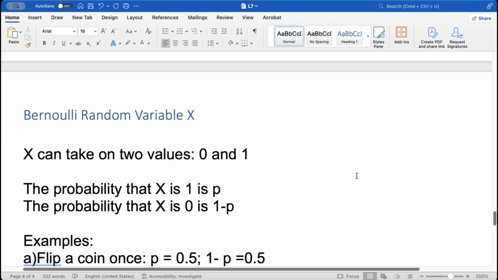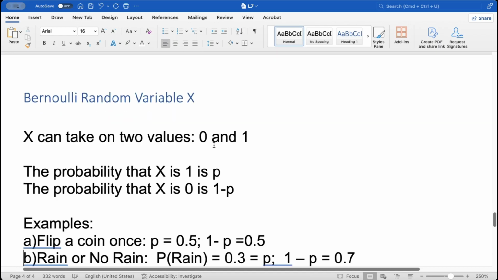So a couple of examples here. Flipping a coin once, it's 50-50. So the probability of success is 0.5, whether it be heads or tails. And then the complementary 1 minus p is also 0.5. So there's a 50% chance of a 0, 50% chance of a 1. Now let's take the situation of rain or no rain. So the probability of rain, if we assume it's about 30%, 0.30, then the remaining amount would be 0.7 or 70%.